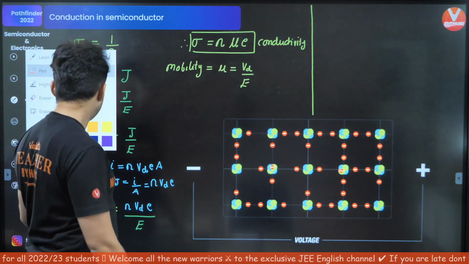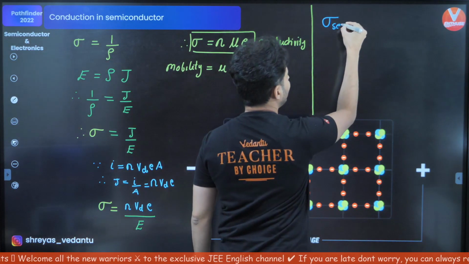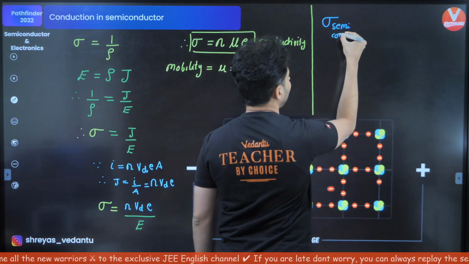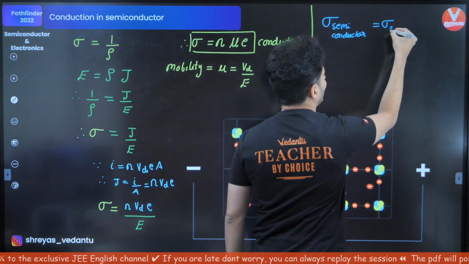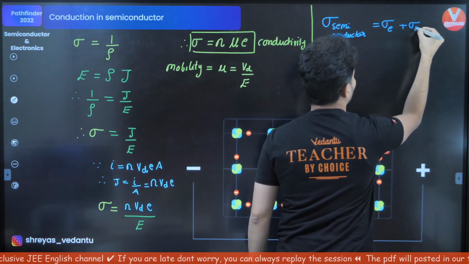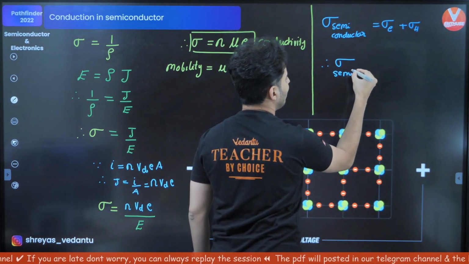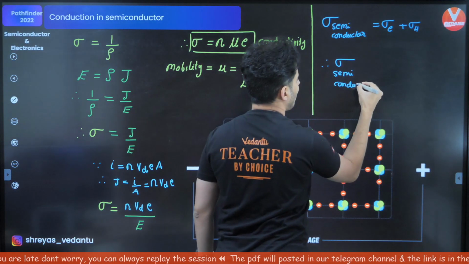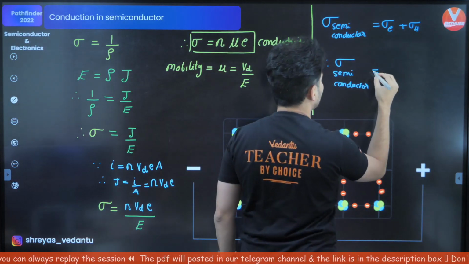Hence, the final formula is that sigma of any kind of semiconductor is sigma due to electrons plus sigma due to holes. Therefore, just substitute these values two times.